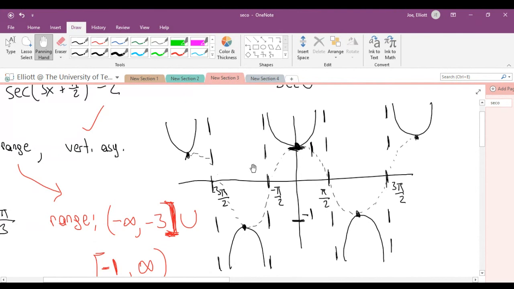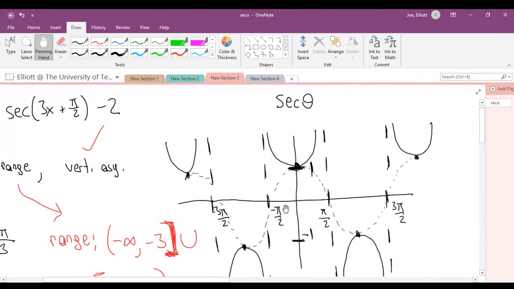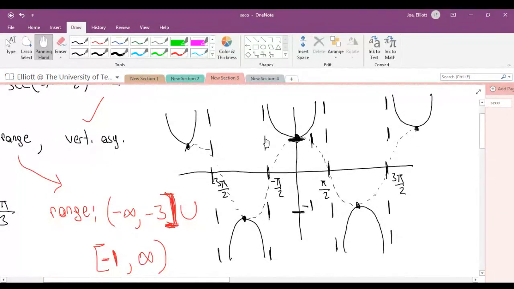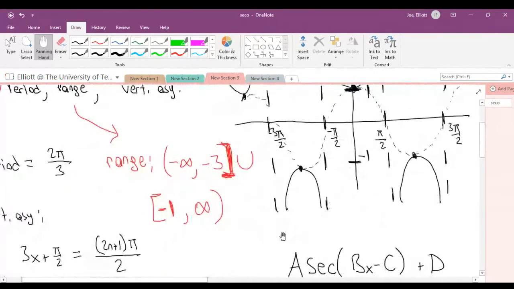Okay. So for the ordinary secant function, to plot one period, let's go from -π/2 to 3π/2. Okay, so we've got some vertical asymptotes in between.